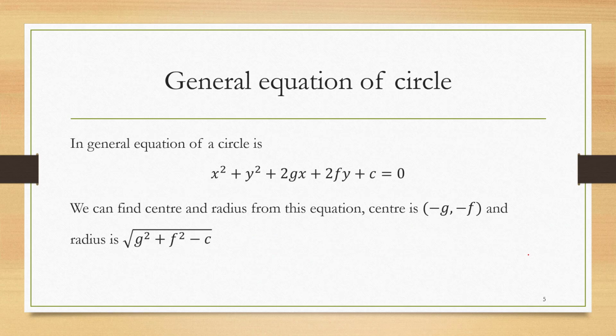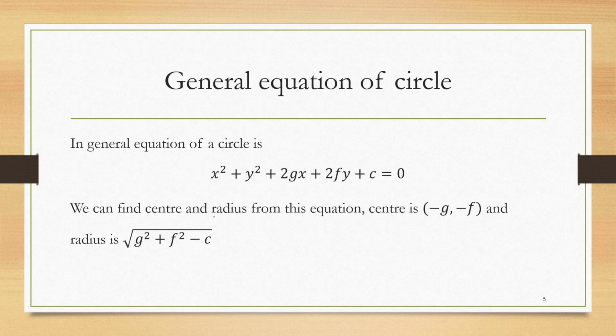Next is general equation of a circle. In general, equation of a circle is x square plus y square plus 2gx plus 2fy plus c equal to 0. Note that in the general equation of circle, coefficient of x square and y square are always equal to 1. And equation of circle does not contain any term which includes x and y both.